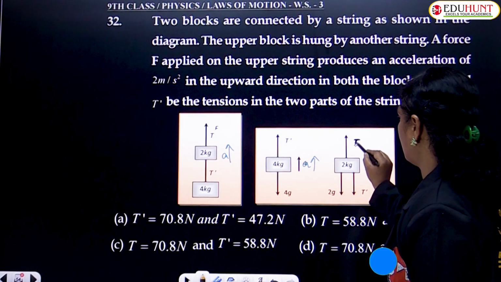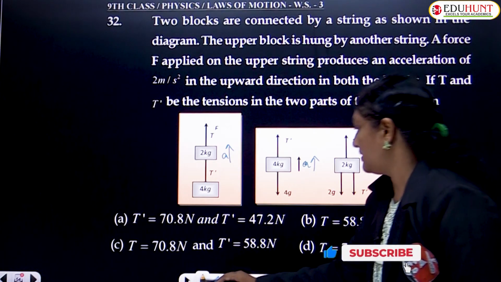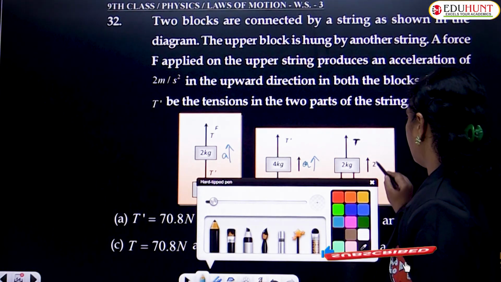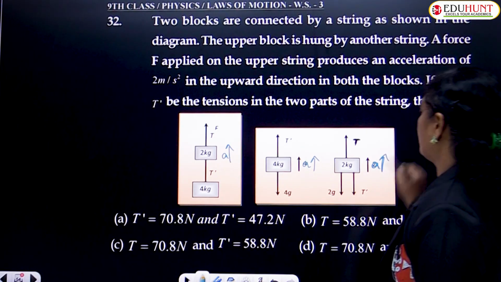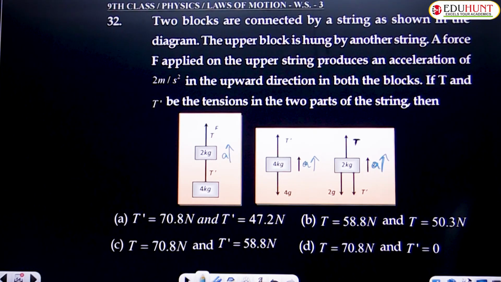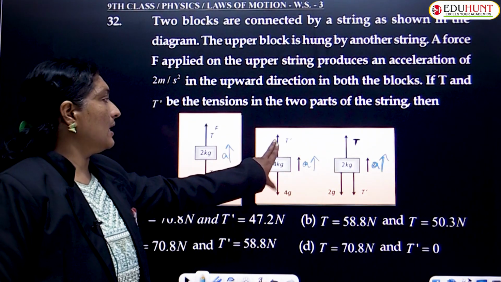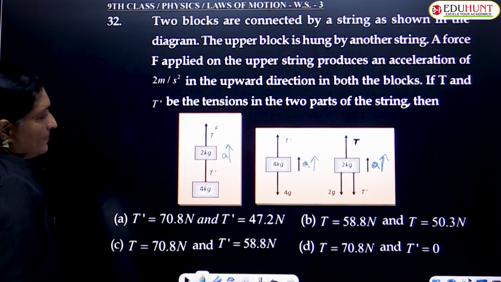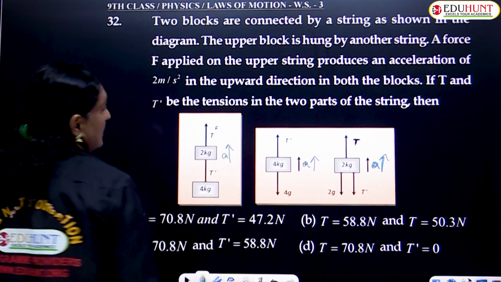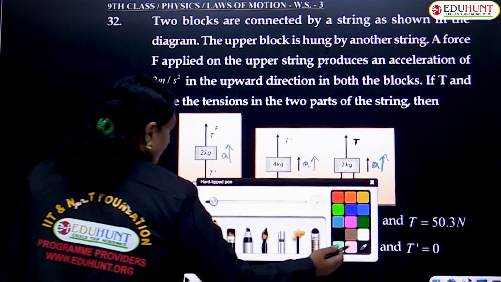Tension T acting upwards. Based on this, the acceleration is also acting upwards with 2 meter per second square. Based on this free body diagram, let us write the equations. For the first case, as it is accelerating upwards, the upward force must be greater than the downward force.